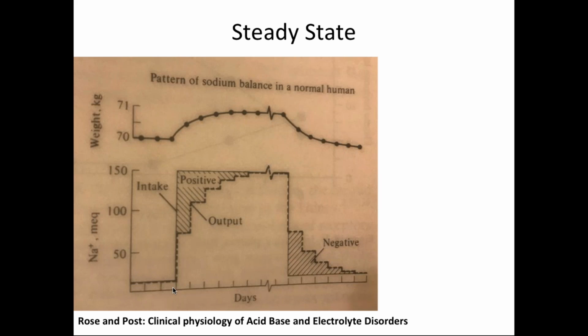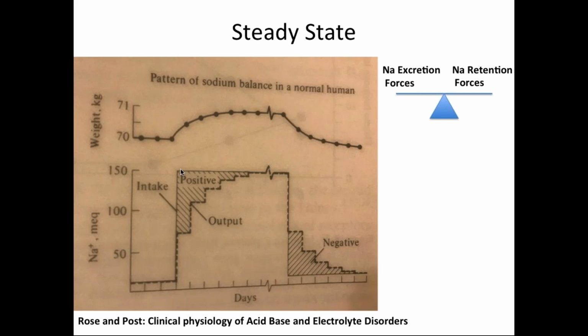If you look at what they start off with, the sodium excretion forces and the sodium retention forces are in balance, and the person maintains their weight for the first 3 days. Then when they increase their sodium intake to 150 milliequivalents, there will be an increase in their extracellular fluid volume.